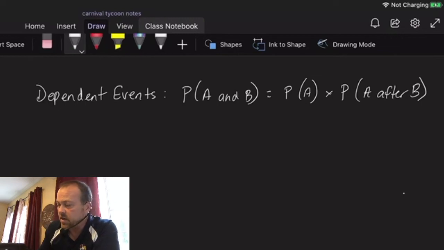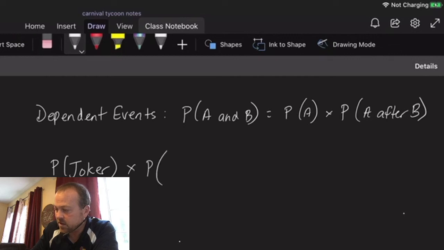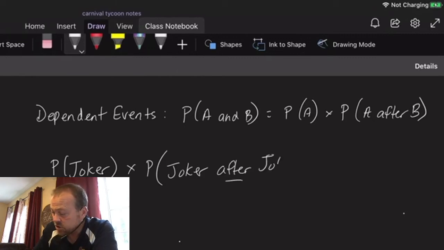So the probability of a joker, multiplied times the probability of a joker after, and this is the key, after a joker is chosen.